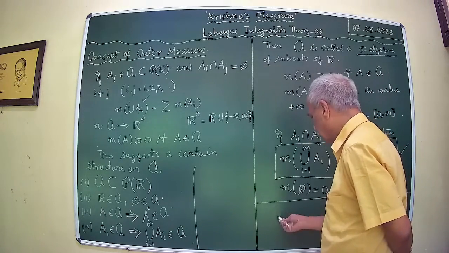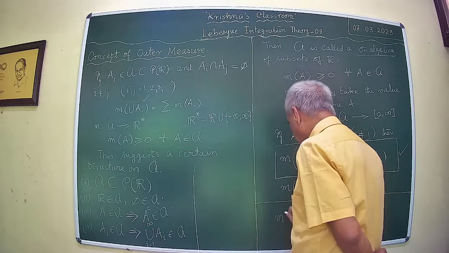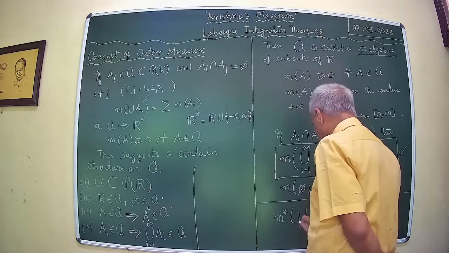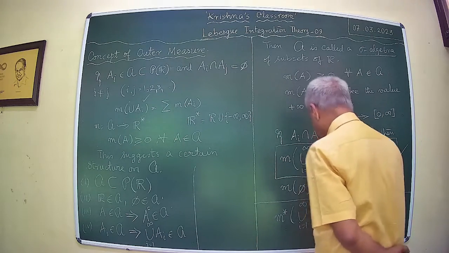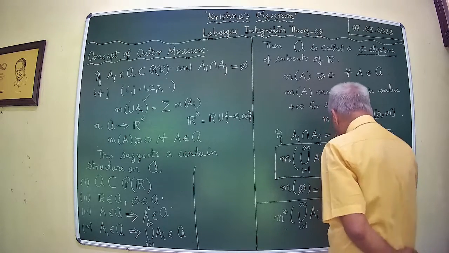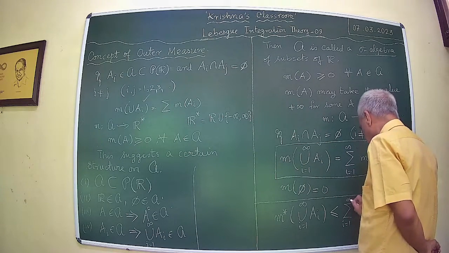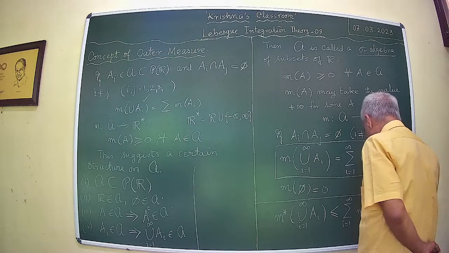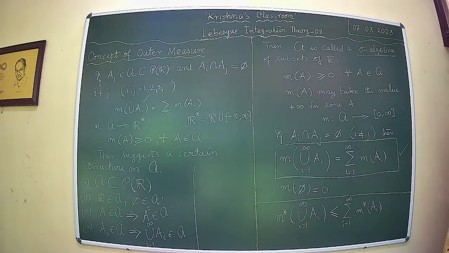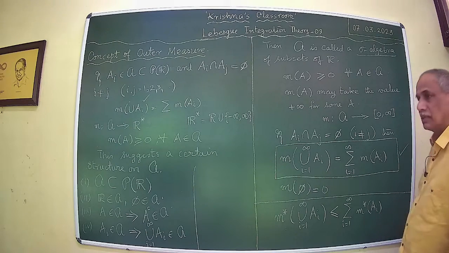That is, here we will be talking about a function, say I want to designate it by m star, with less than or equal to, that brings some kind of ease to define such functions.